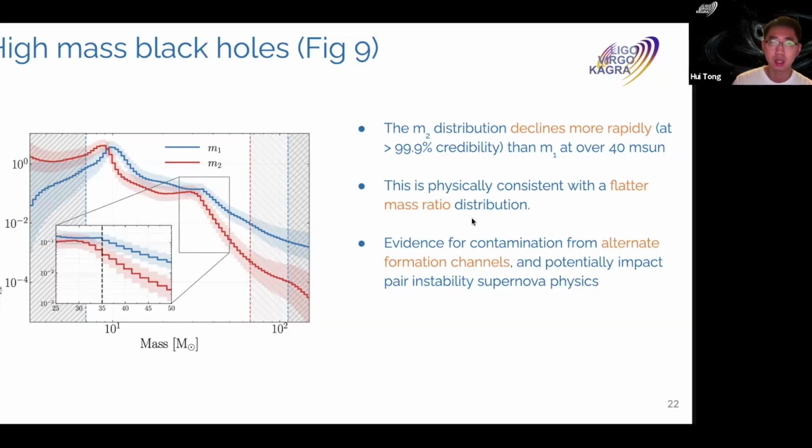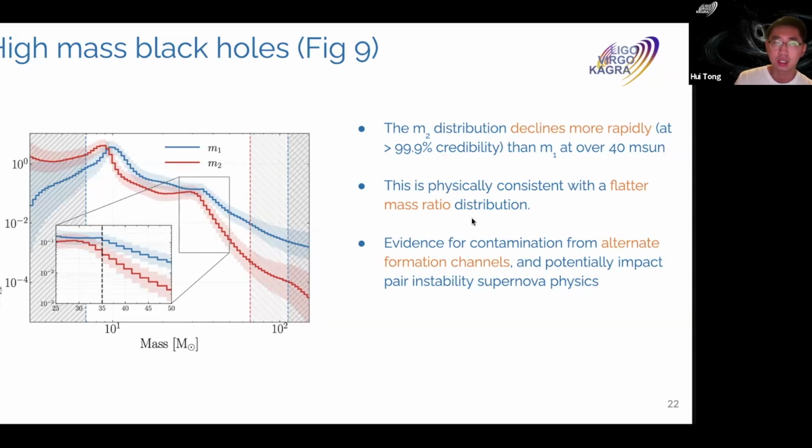This results in a sharper decline for the mass distribution for both components compared with their lower mass region. But if we just focus on this high mass range, when comparing the distributions of M1 and M2, the M2 distribution declines more rapidly than M1 at over 40 solar mass.